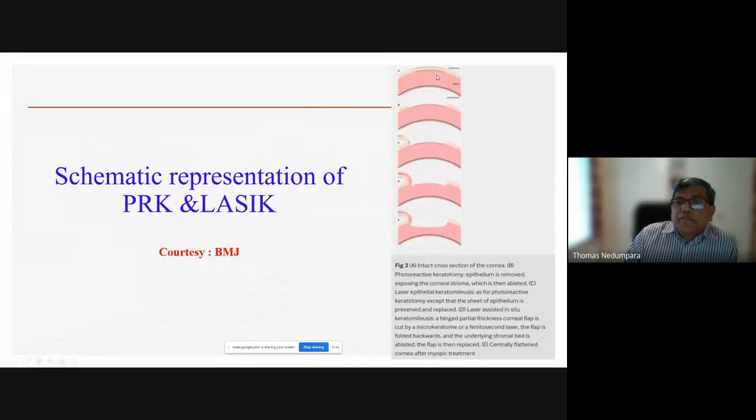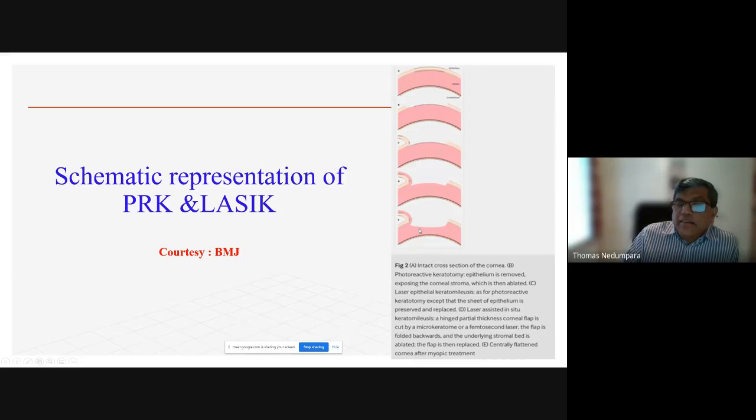So here is the picture of the cornea, and the pink thing is the epithelium, and the red one is the corneal stroma. So in the first procedure, you remove a flap of the epithelium only, and then you ablate the cornea. In LASIK, you remove the epithelium and a small thickness of the superficial part of the corneal stroma.